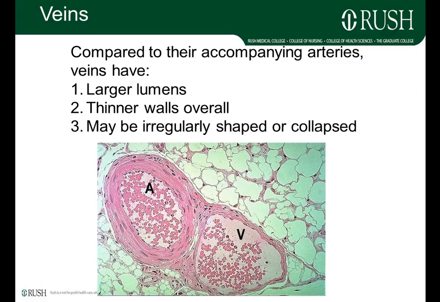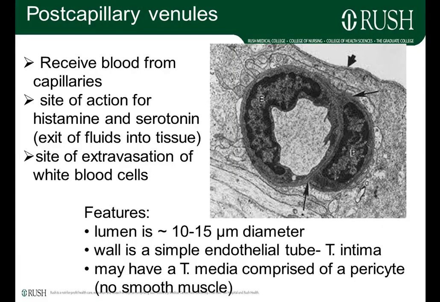So in this diagram below, you can see the overall thickness of the arterial wall is much greater than the overall thickness of the venous wall, and the lumen is a bit more irregular, almost angular appearing in the vein, but more ovoid in the artery. And that's a typical appearance.